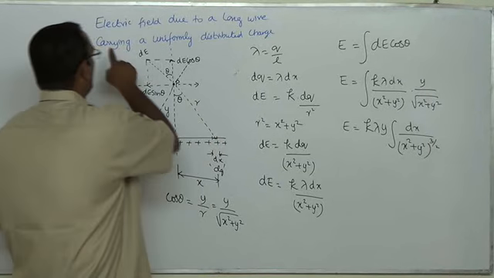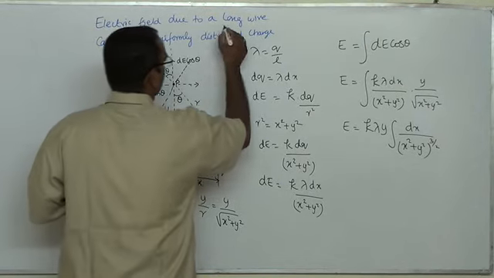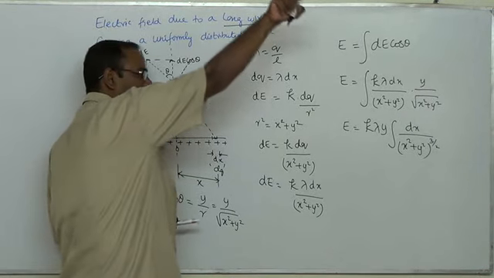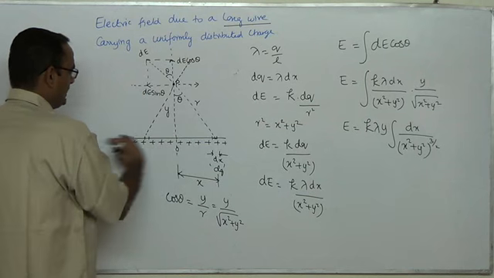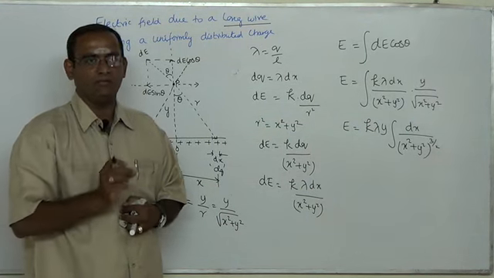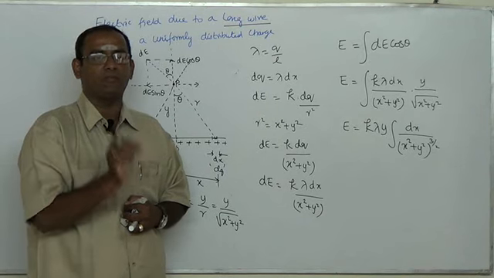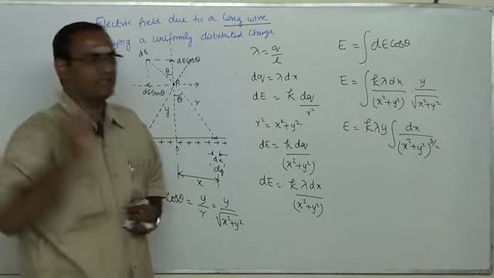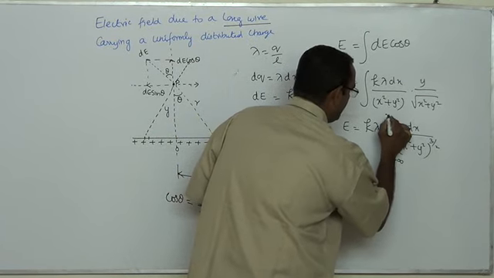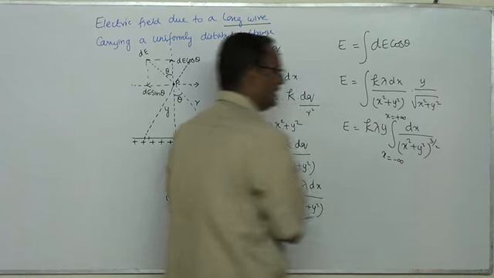Now when I say long wire, this end stretches up to infinity. This end will stretch up to minus infinity, and therefore x will vary from minus infinity to plus infinity. Here x is equal to minus infinity to x is equal to plus infinity.